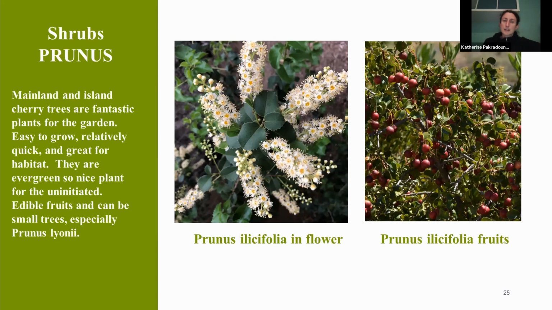But it doesn't quite handle the harsher conditions as well as the mainland ones. So the Prunus ilicifolia is kind of my preference versus the Ilicifolia leonii. But I think these photos might just have Ilicifolia.